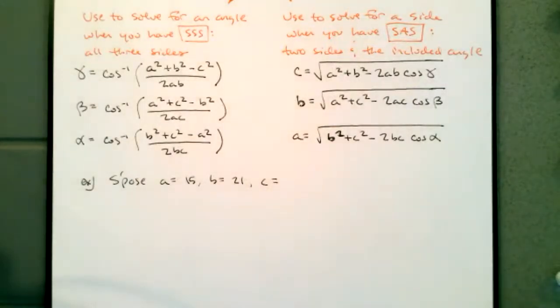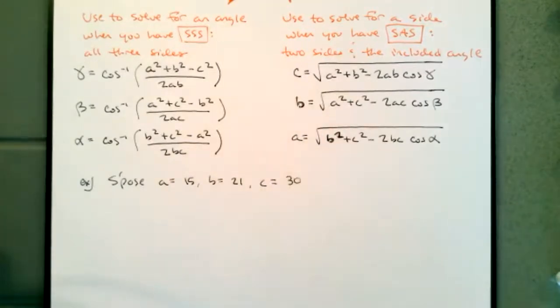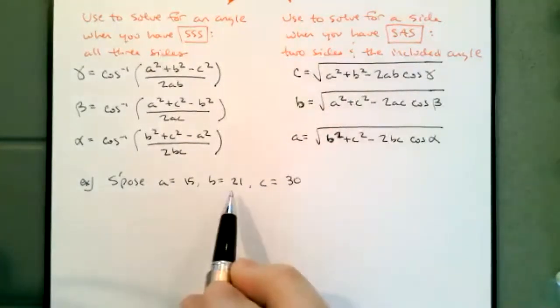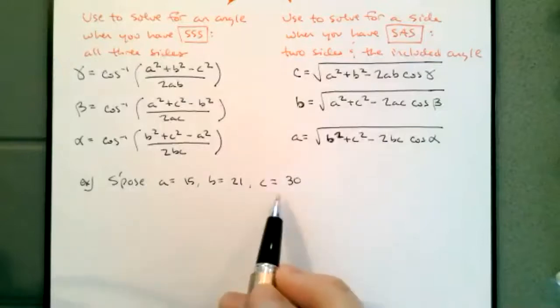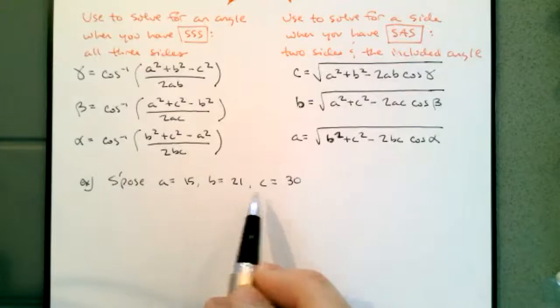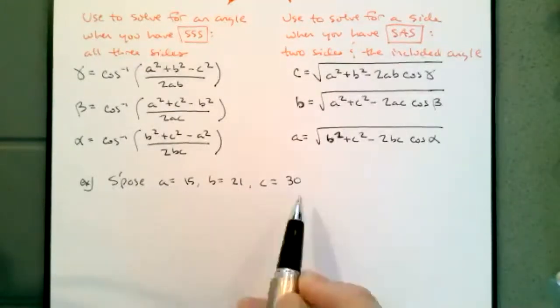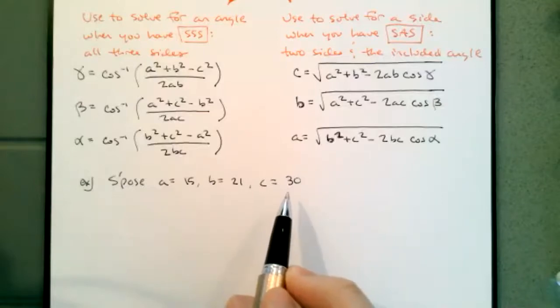C has to be less than 36. So C can be, how about, 30? Once I said 15 and 21, C has to be less than 36 because I can't have one side bigger than the sum of the other two. But then I couldn't make C too small, because 21 would have to be bigger than the sum of the 15 and whatever side I picked for C.